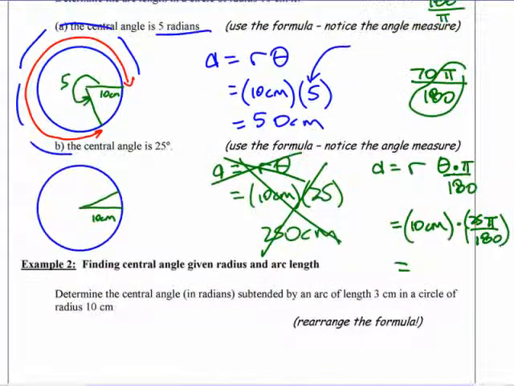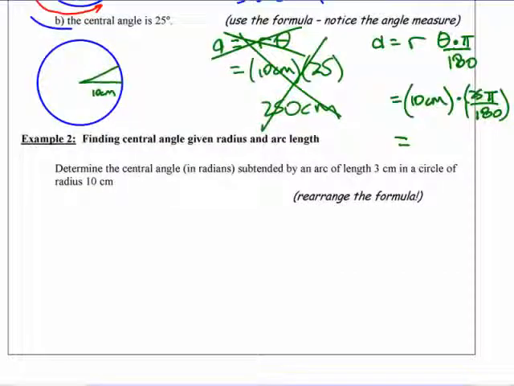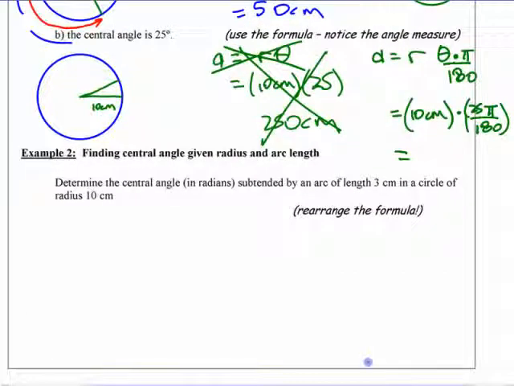Are we okay with this? I'll leave that other question for you to do sometime. You've worked with formulas before. If you're approaching this from the formula, rearrange the formula here. You don't have to, though. I'd be just as happy, if not more happy, if you did it from just understanding the concept of what a radian is. If you draw a picture and say, if I have 3 centimeters around the outside and the radius is 10, how many radians is that?